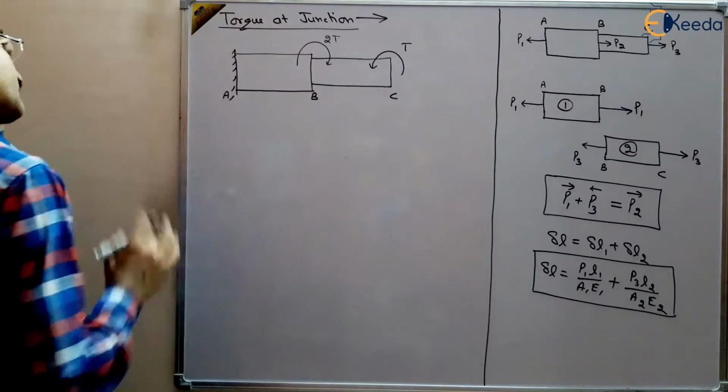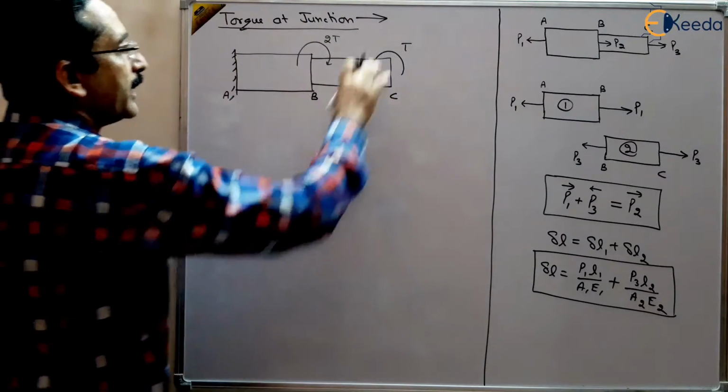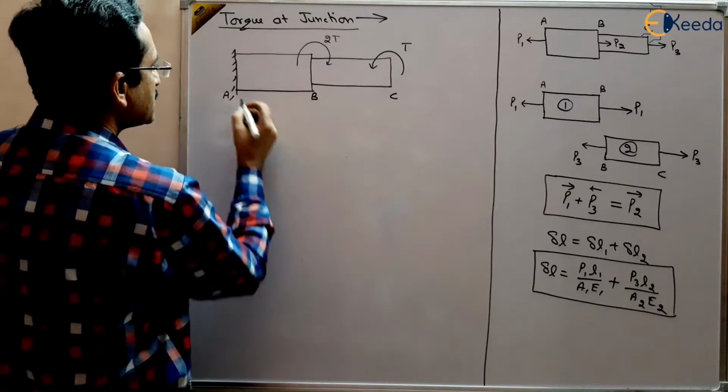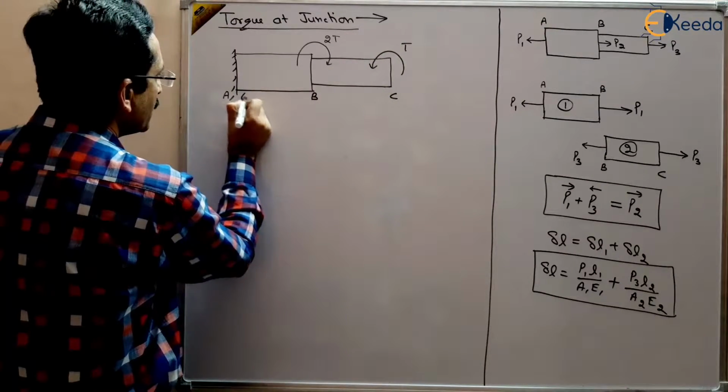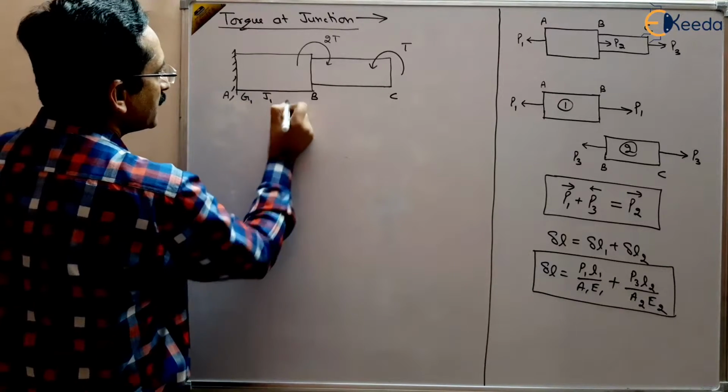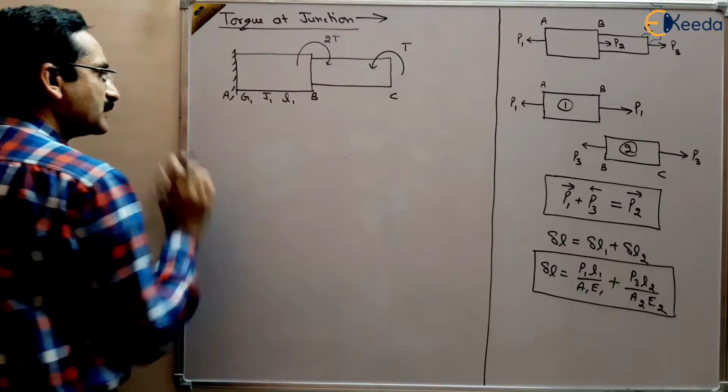Now this is a shaft and torques 2T and T are applied in anticlockwise direction here, and it has some dimensions. Say it has modulus of rigidity G1, polar moment of inertia J1, length L1; this is its configuration.